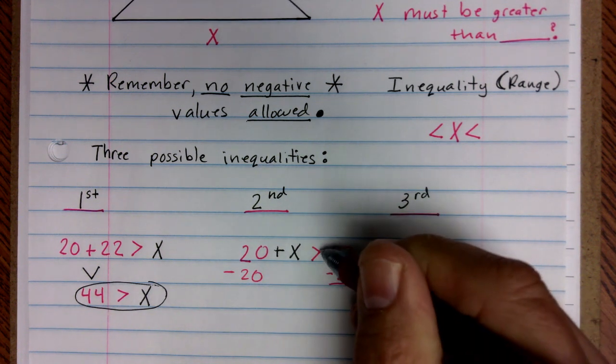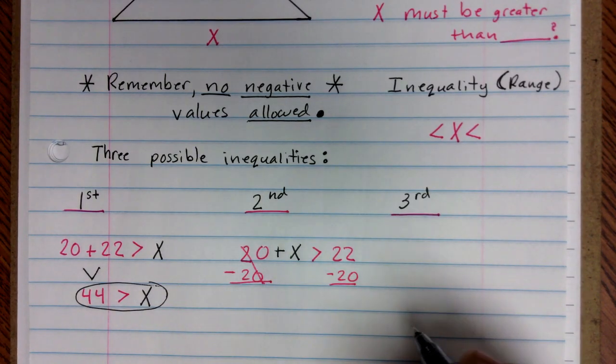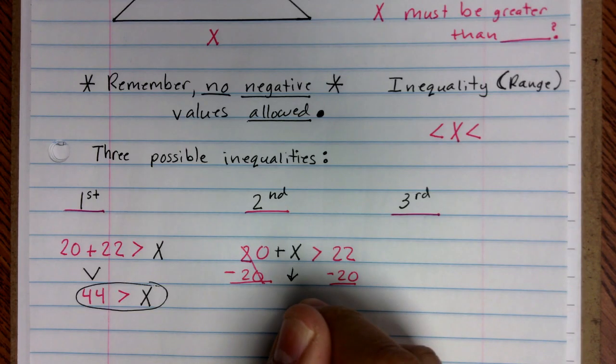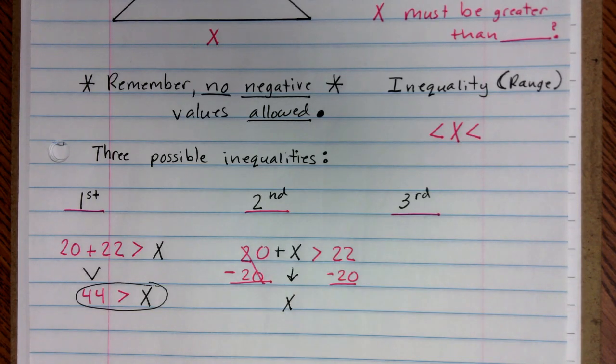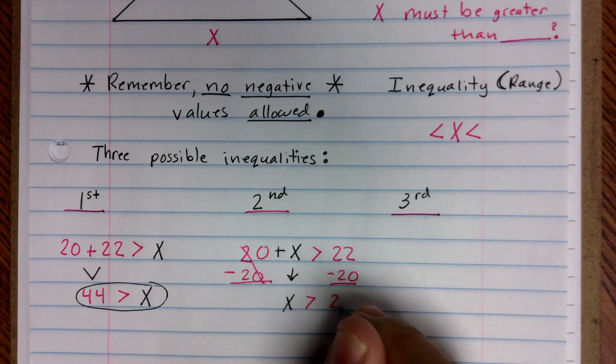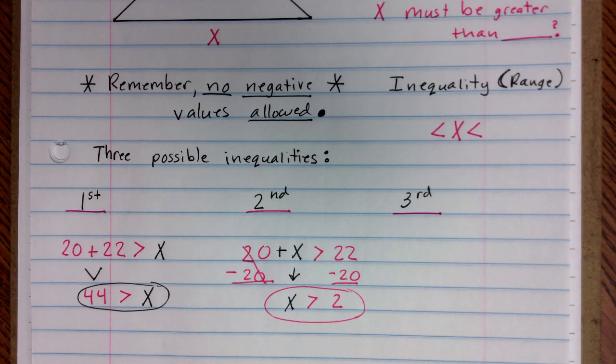In other words, both sides of this symbol right here, our inequality symbol. That cancels. And I end up with, once I bring this down, x is going to be greater than 2. And we'll use this as one of our values.